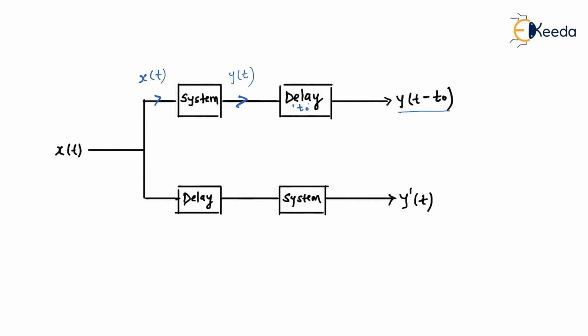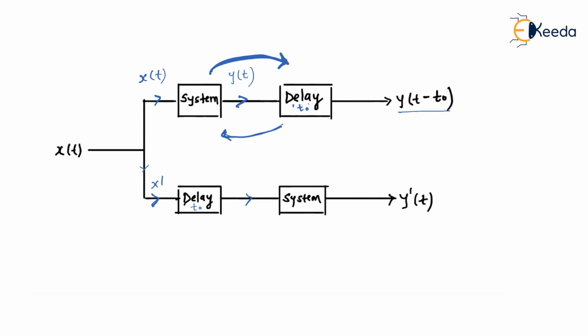As you can see here, the same x of t is applied here. Now if you observe carefully, this delay block and system block are exchanging their positions. So instead of applying input to system first, it is applied to delay block first, and thereafter output of delay is given to the system. Let's say it is quite a similar delay block which delays the given input by t naught amount.